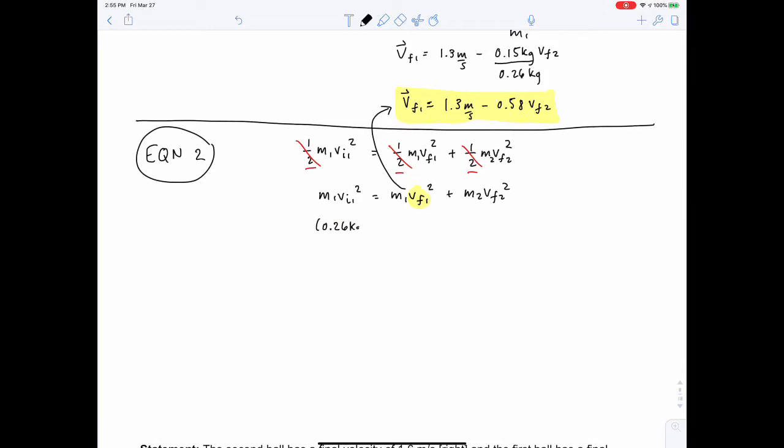We're going to put all other values that we know in as well. So M1 is 0.26 kilograms, V initial 1 is 1.3 meters per second squared, M1 is 0.26 kilograms, and we're going to put in 1.3 meters per second minus 0.58 VF2 in for V final 1.